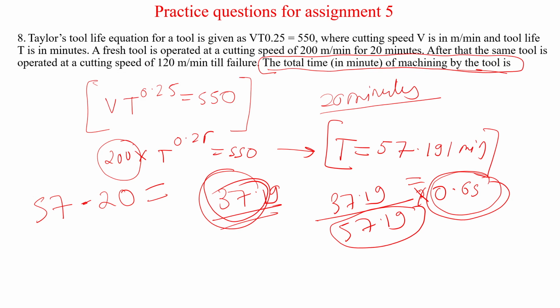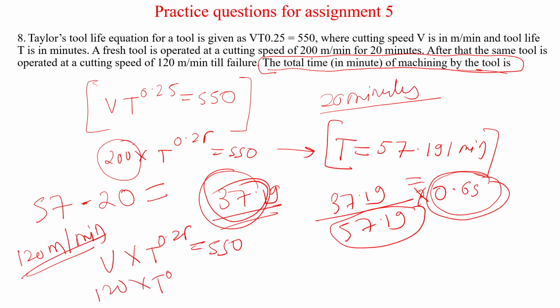Now let's calculate for 120 meter per minute. What is the tool life coming? Just put V into T to the power 0.25 equals 550, where V is now 120. How much are you getting T now? Something 441, 441.29. This is the total tool life when you machine at 120.